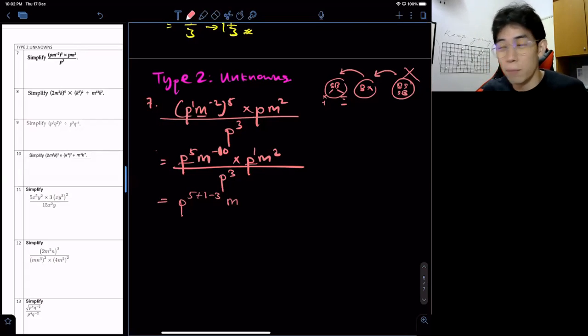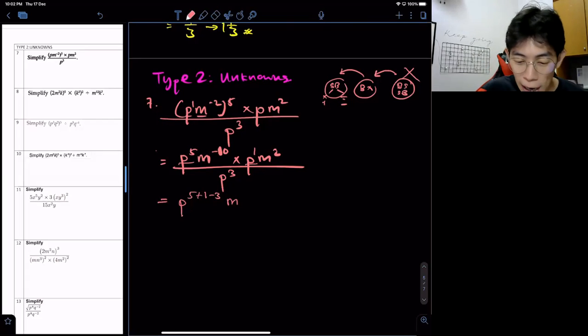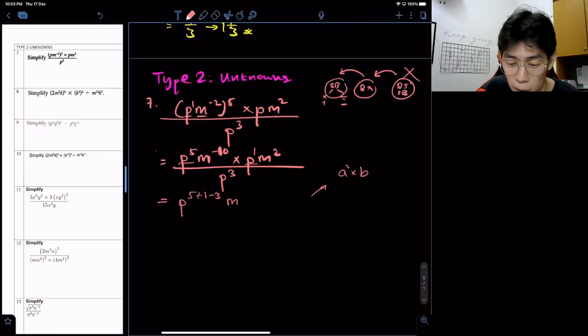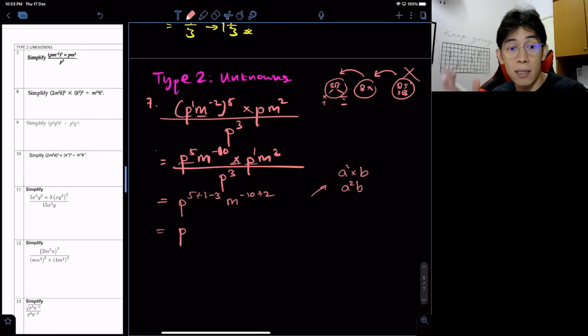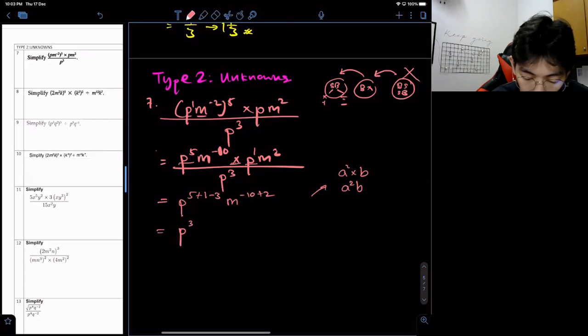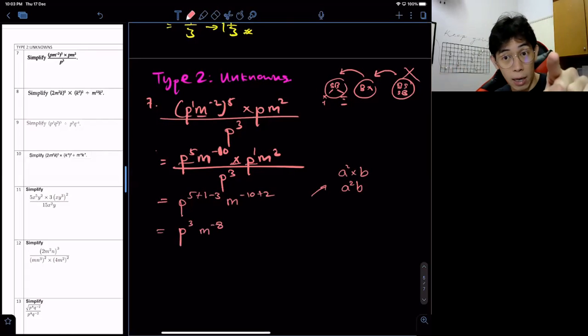You can, but no point. It's like A times B, or A squared times B, which is actually A squared B. So it's up to you. Negative 10 plus 2, because times means plus. P, 5, 1, you get 6, 6 minus 3, you get 3. Then this one is M negative 8. Is this the answer?